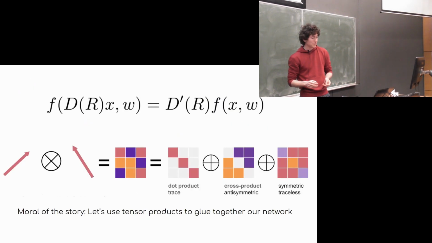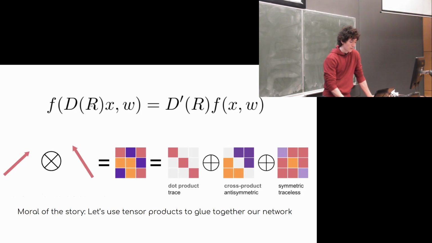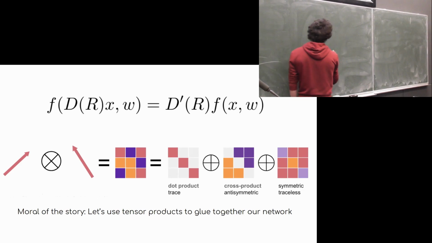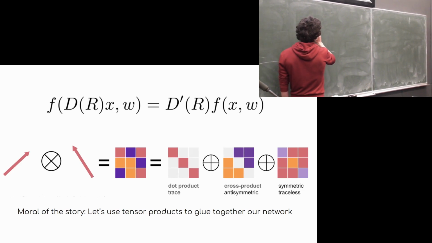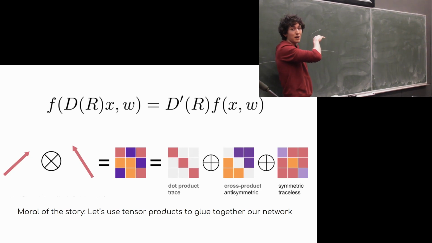Equivariance is basically, if I perform some transformation, the ones I'll be addressing are where this D of R is just some rotation matrix, right? So my input is X and my weights are W. If I transform my input, I should expect my output to transform predictably, right? So what does that look like? Here's my water molecule, and I have a force, for some strange reason, located on this node or this atom in the molecule.